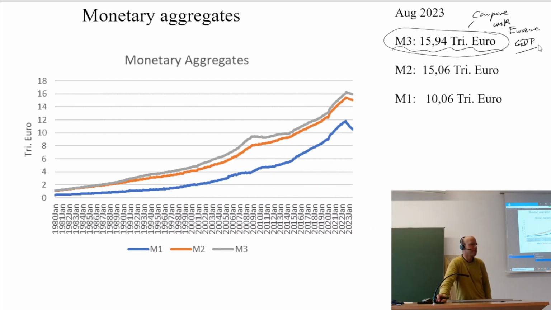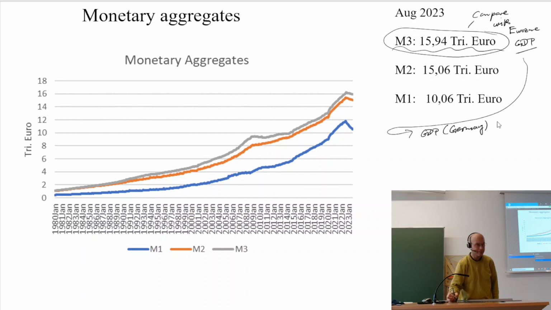What is the GDP of the Eurozone, roughly? We can look it up, of course, but if you have to approximate it, what is the GDP of Germany? This we had already. This was roughly, I think, 4 trillion.